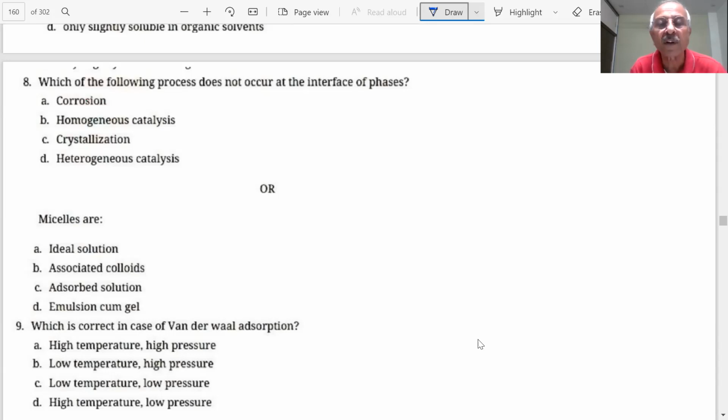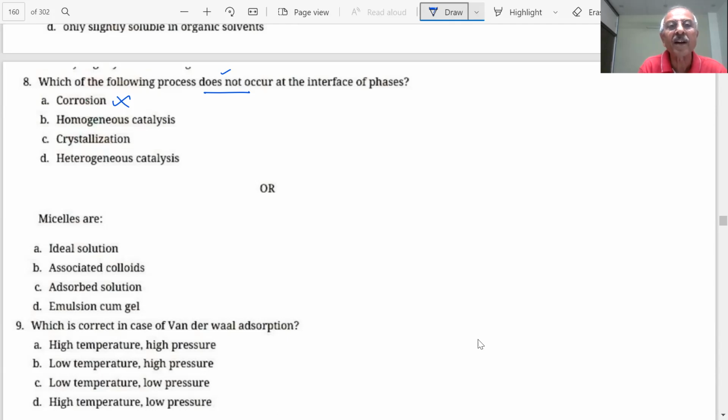Accumulation of molecules at the surface we have told. And we know, student, corrosion, electrochemical corrosion is happening at the surface of iron, student. At the interface, it is an electrochemical process. So which of the following does not occur at the interface? This does occur at the interface. Does not, he says. So we read the question carefully. He says, which of the following does not occur?